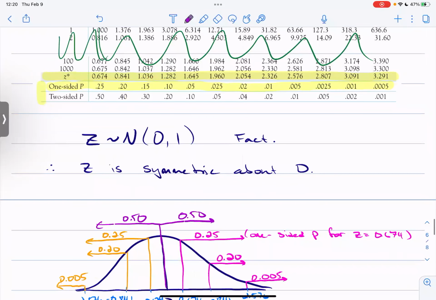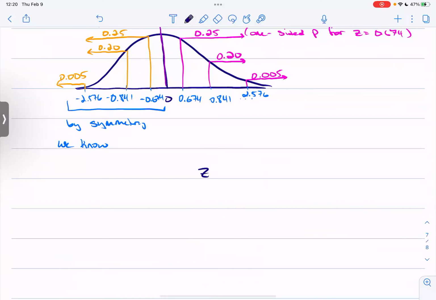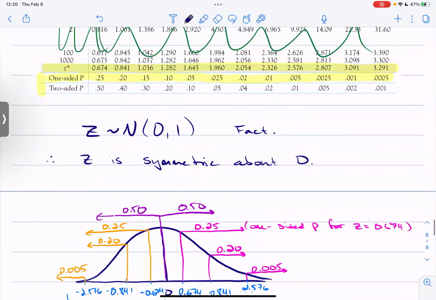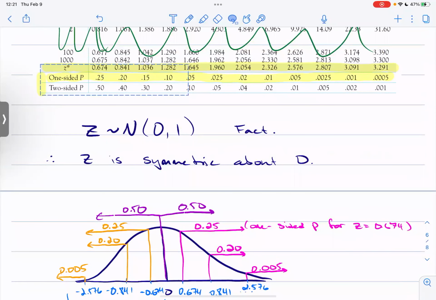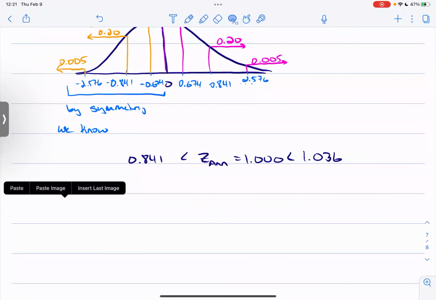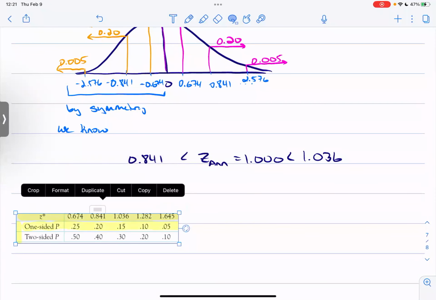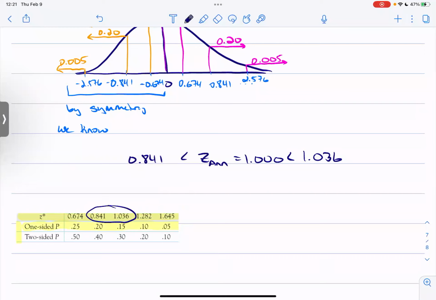I will talk about this tomorrow, but Z for Anne is 1.000, which is between 0.841 and 1.036 on the table. I think it was 1.036. So it's somewhere between here and here.